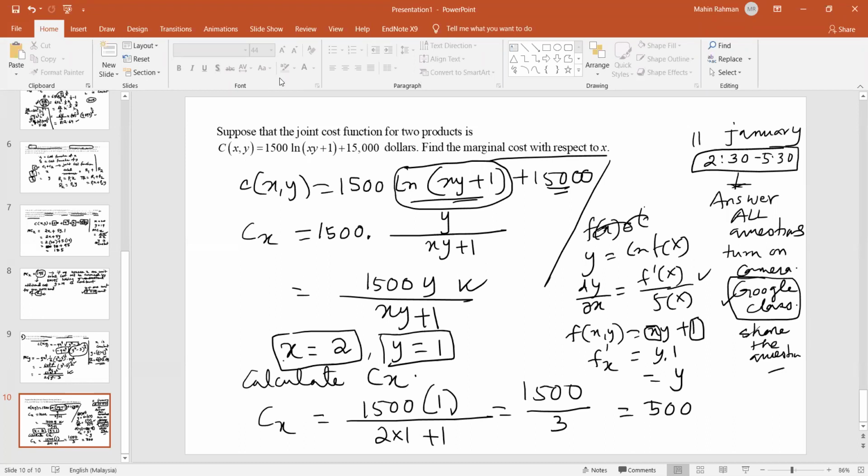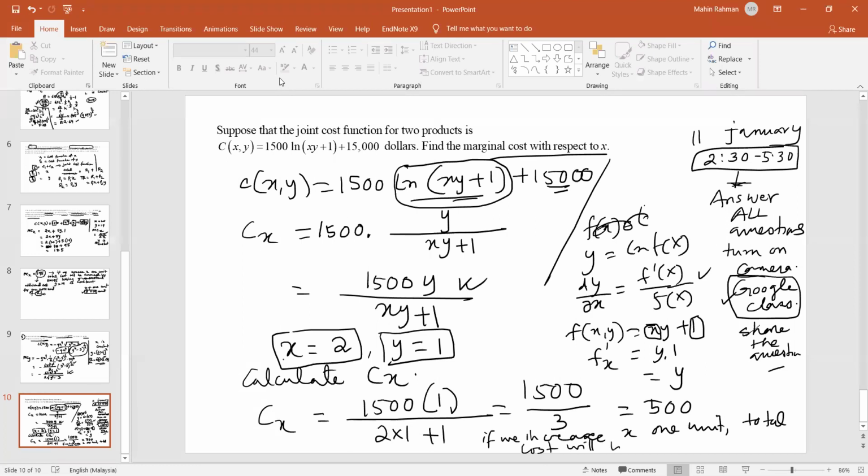So how to interpret the result? The interpretation will be, if we increase x by 1 unit, the total cost will be increased by 500 ringgit, holding y as constant.